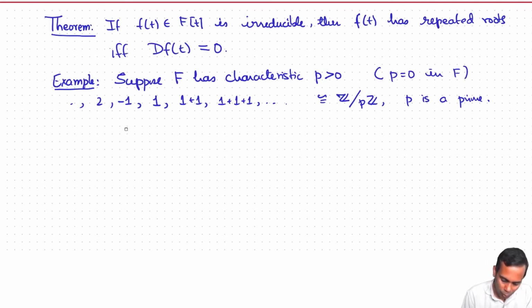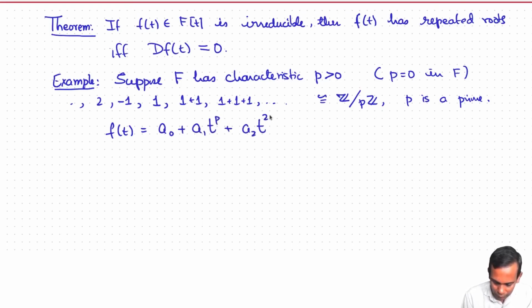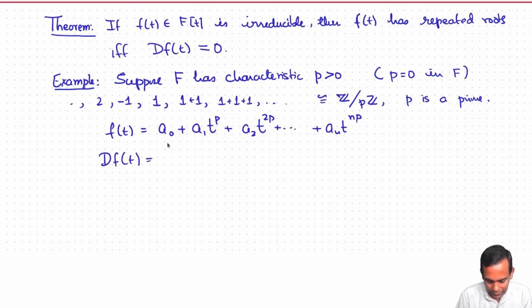Then you can look at the polynomial f(t) equals a0 plus a1 t to the p plus a2 t to the power 2p, up to an t to the power np. In short, we are looking at polynomials where the only powers of t that occur are multiples of p. Then you compute df/dt. Then a0, well, its derivative is 0. a1 t to the p will be p times a1 t to the p minus 1.